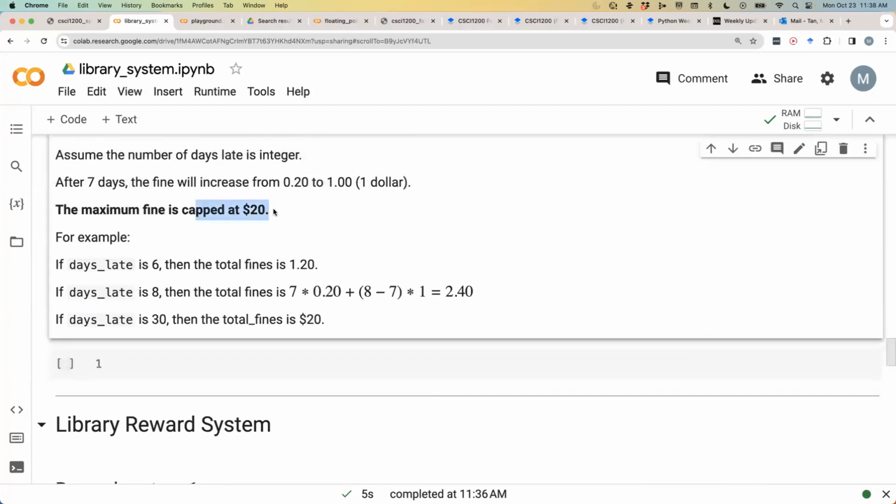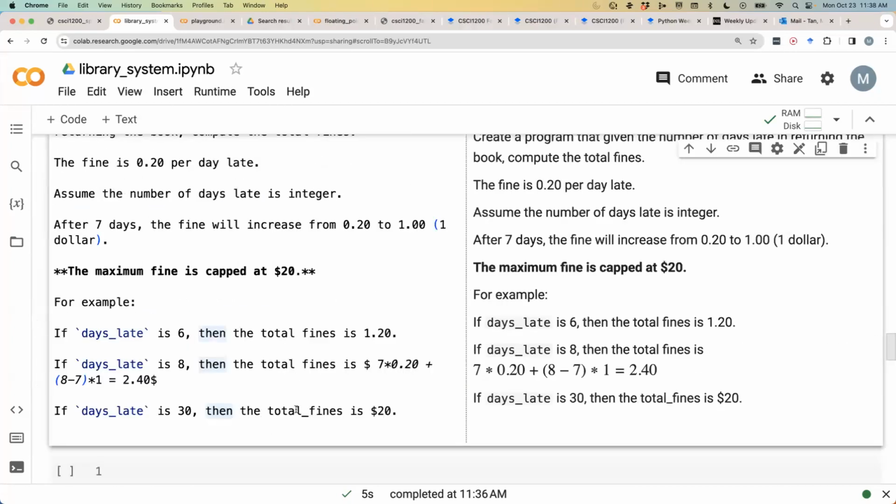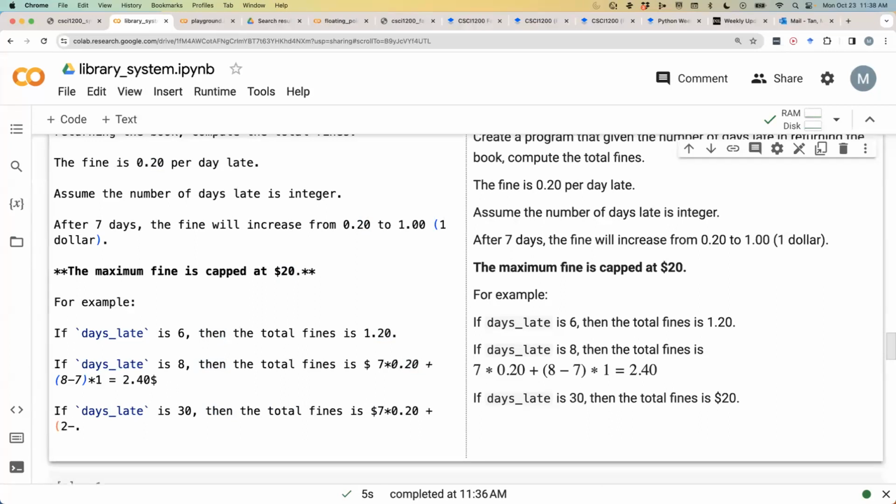But we cap it at $20. So the total fine is $20. If you use the previous calculation, the fine is 7 times 0.20 plus the remaining days, which is 30 minus 7, times 1.